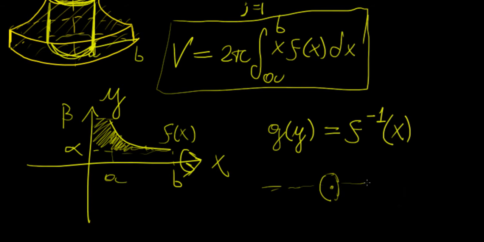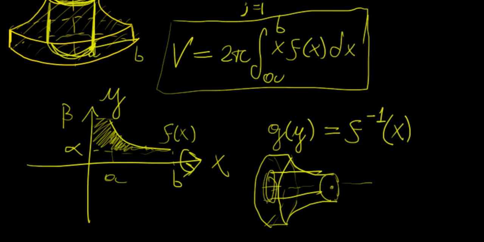So this is going to be our x-axis, and it is going to have the following shape. So this is going to be like that, and it is actually going to have a hollow cylinder in the middle.